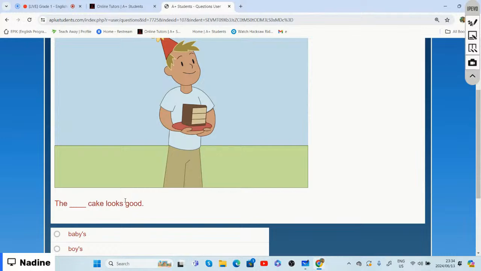We need to choose the correct answer. Is that a baby that you see over there, or is that a boy that you see in the picture?